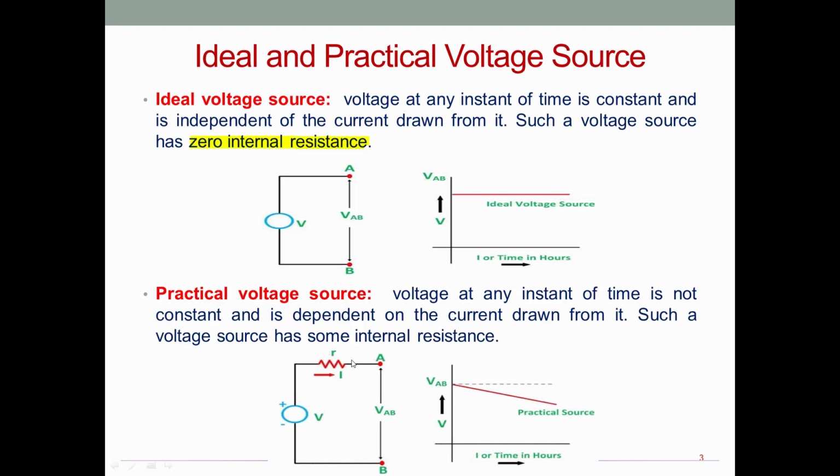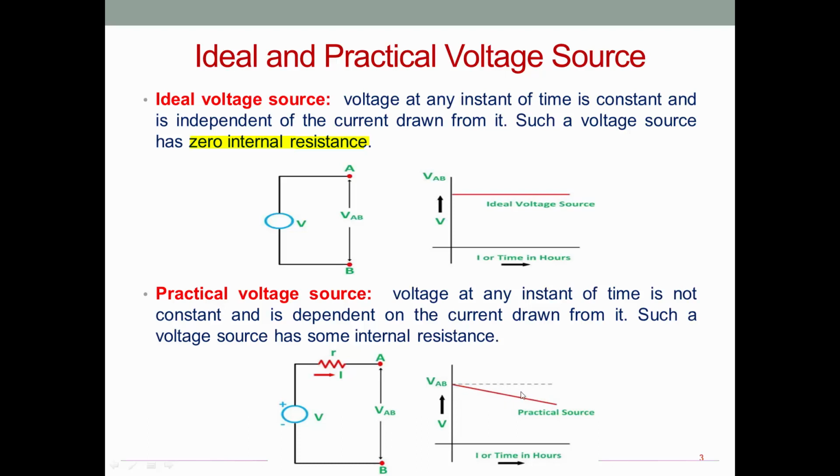This is a small internal resistance which is added in series with the voltage source. This is actually a practical voltage source. Due to the resistance in series with the voltage source, whenever load current increases, the drop across this resistance also increases, which gives this dip or this drooping characteristic.